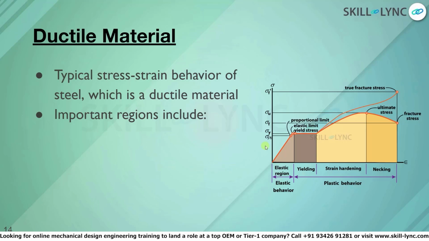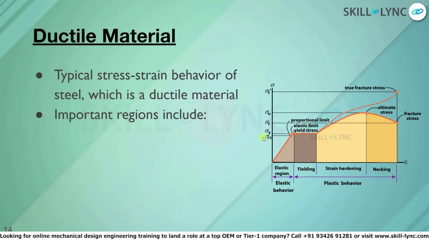And again, when we take the stress strain diagram for ductile materials, we can see that these materials have a prominent elastic region and a prominent plastic region, wherein this plastic region has yielding, strain hardening and necking. In this area, sigma PL is called the proportionality limit, after which the elastic behavior of the material comes to an end and the material slowly starts behaving like a plastic material.